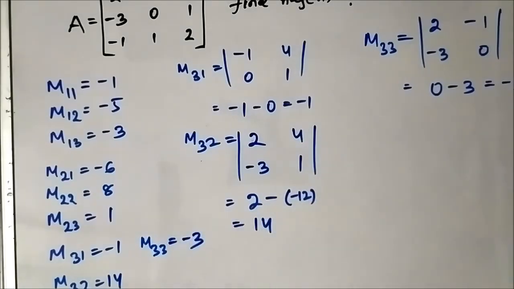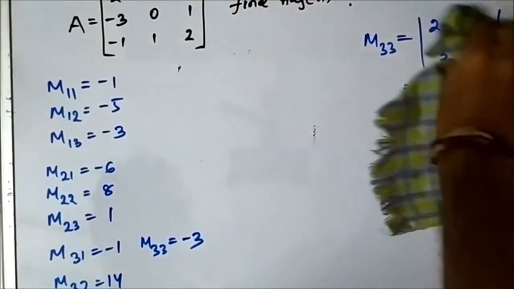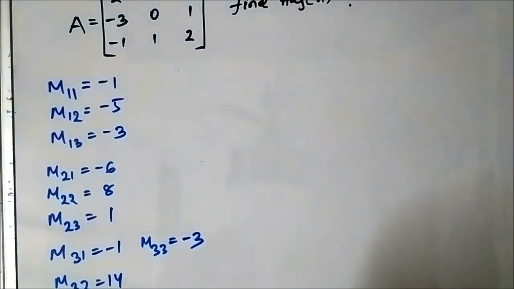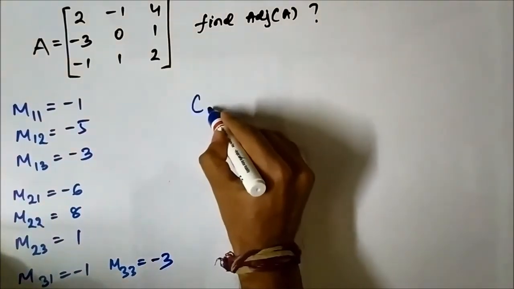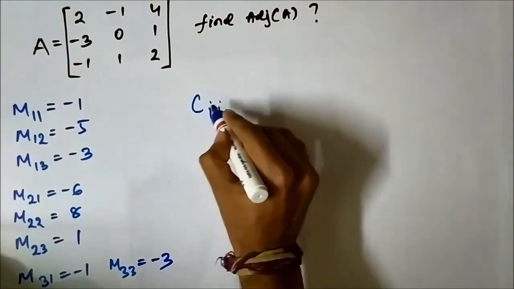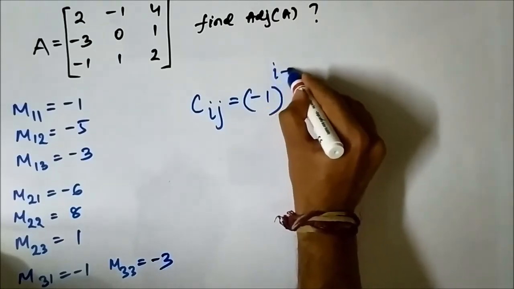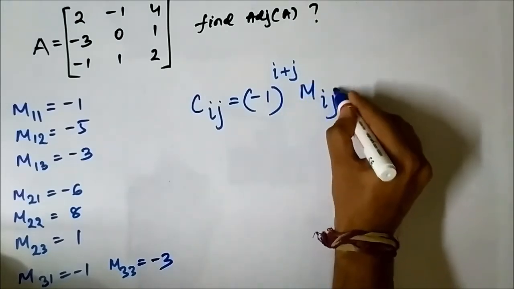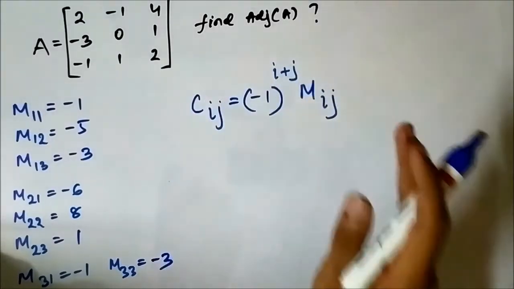Now we have to determine the cofactor elements. We know that the cofactor of an element which is present at the intersection of the ith row and jth column is given by minus 1 to the power i plus j into Mij, the minor of that corresponding row and column. This is the formula.